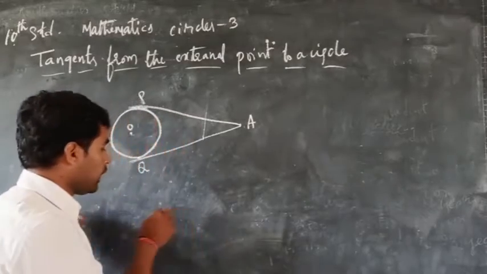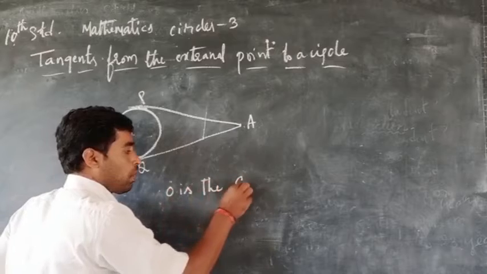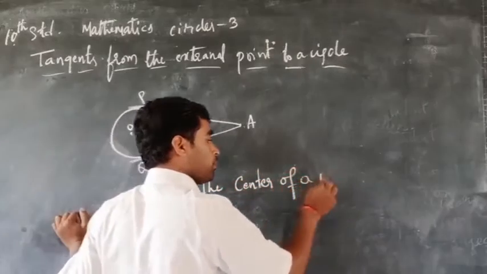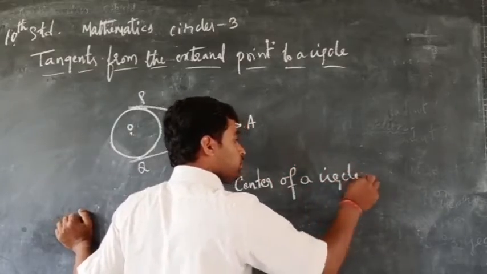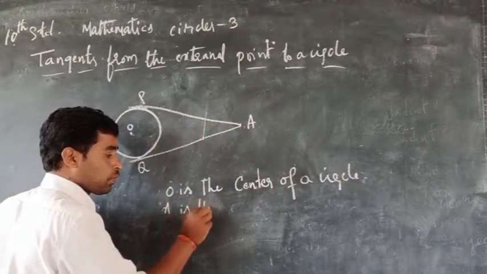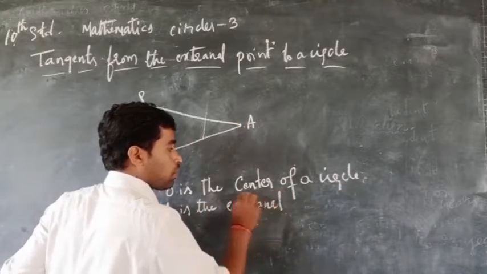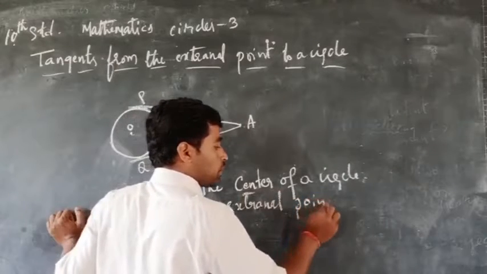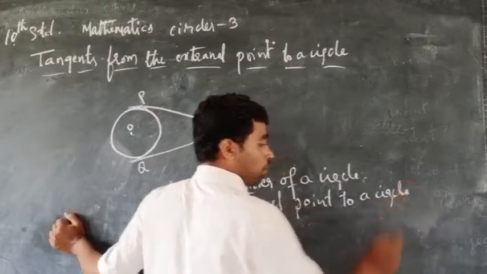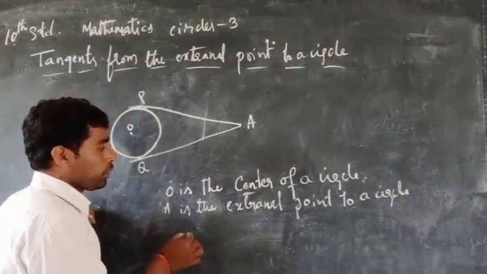Now we can write that O is the center of the circle. Again, point A is the external point to the circle.